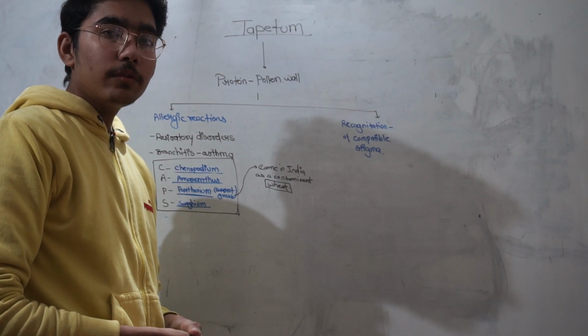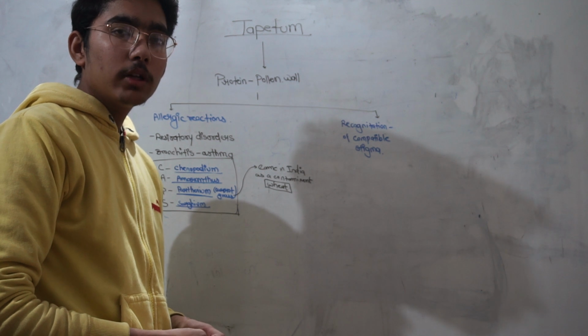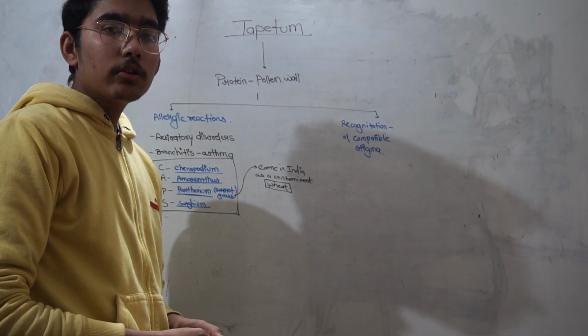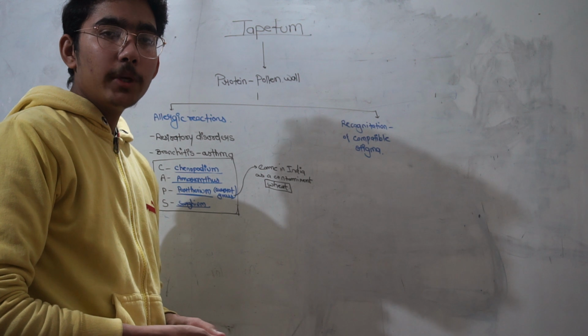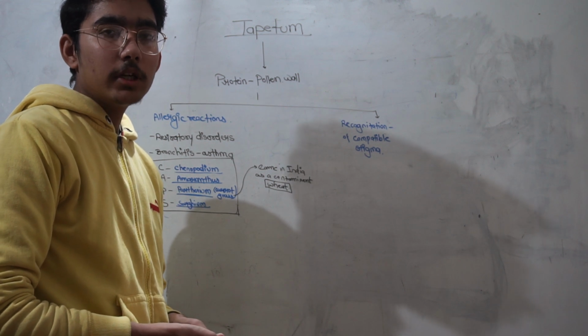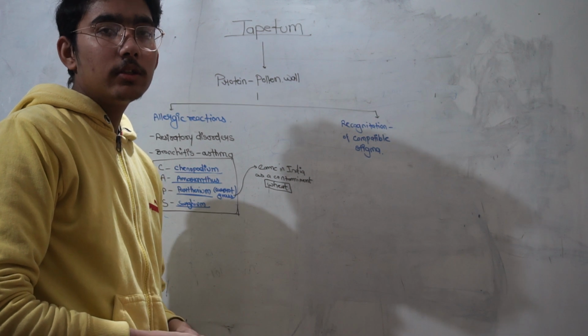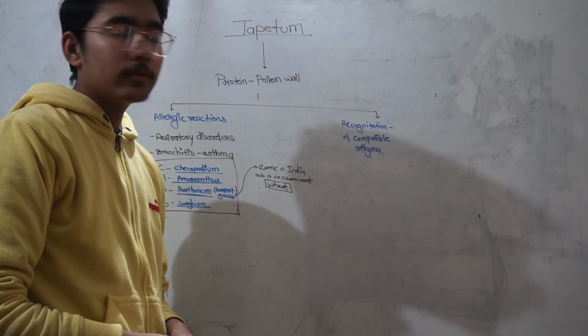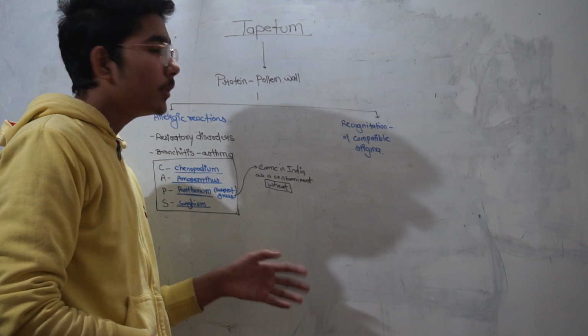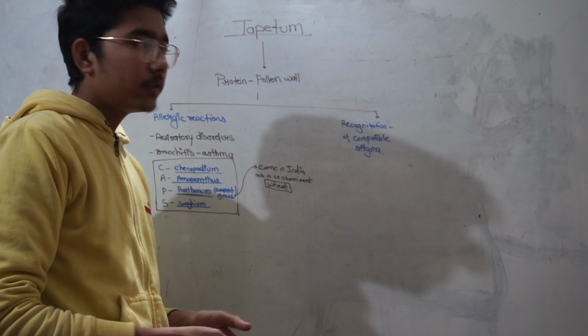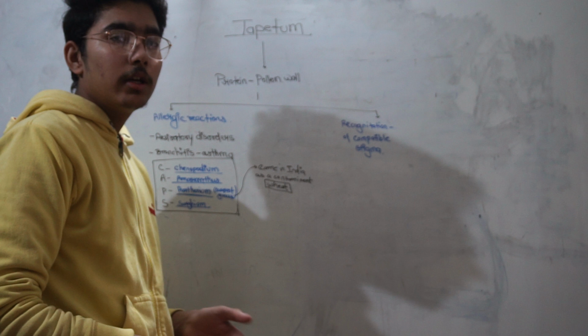Due to the presence of proteins in the pollen wall, they can easily recognize which is a compatible stigma for them, so that they can easily follow the path and reach the ovary for fertilization. Now this is all about tapetum, and after this we are going to deal with our next topic.